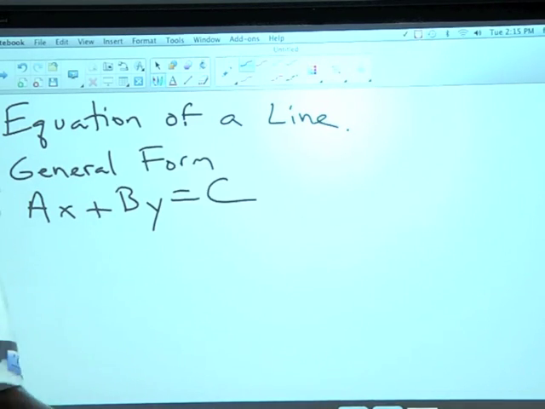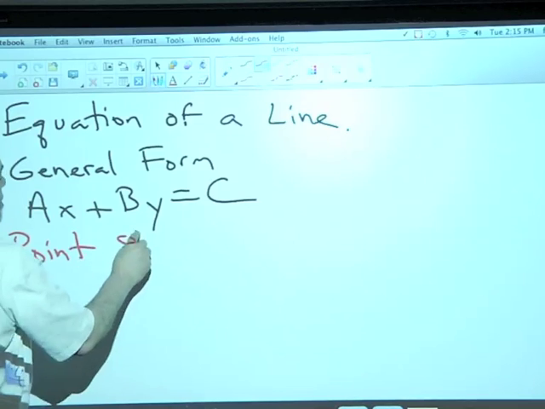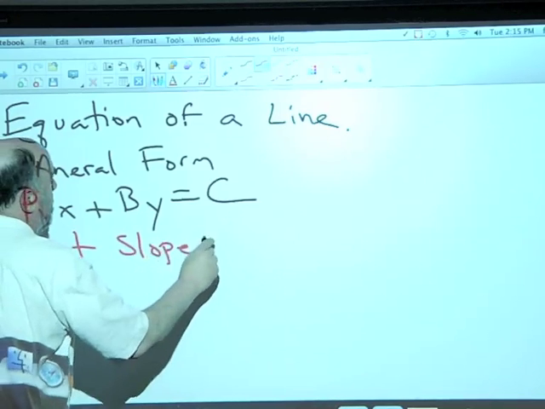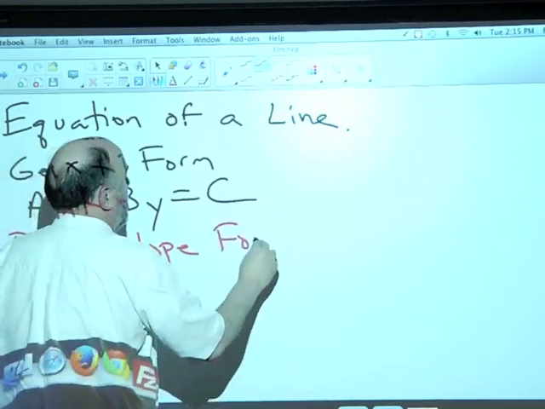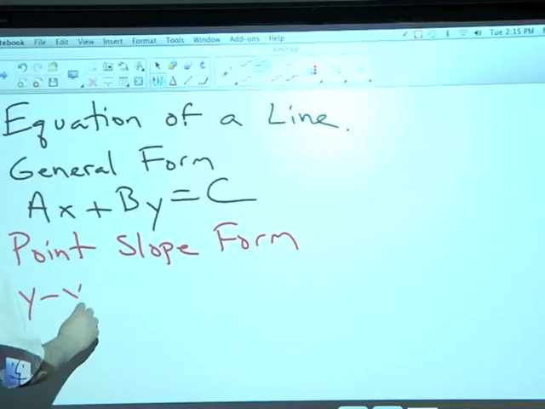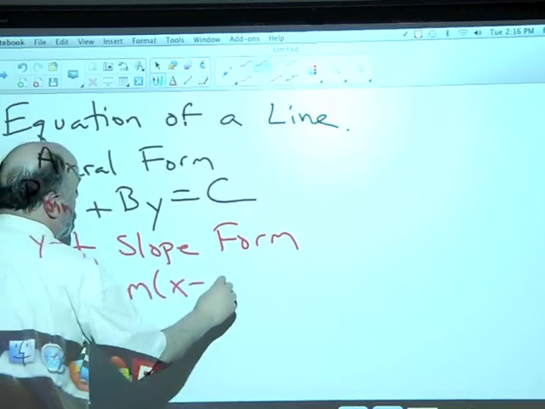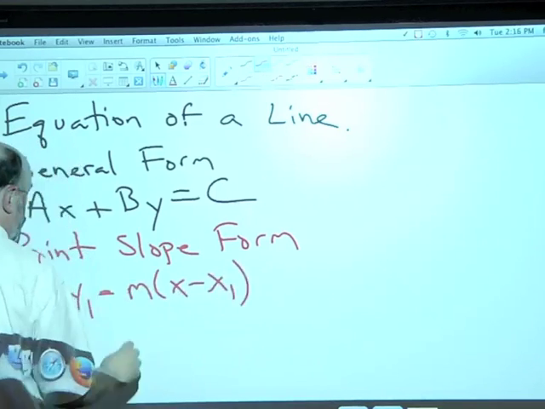The next type is point slope form. And so that one is y minus y1 equals m times x minus x1.